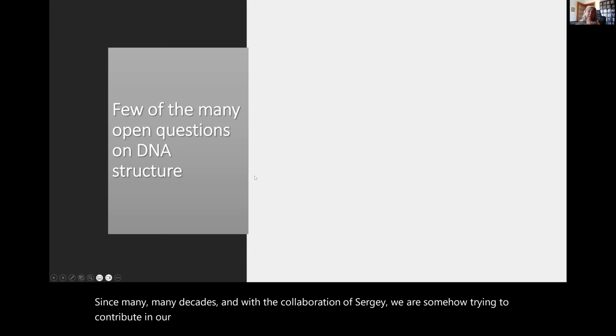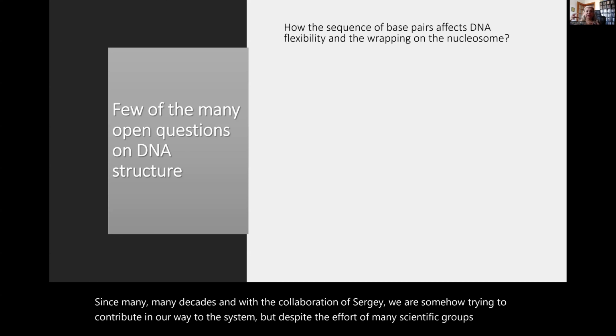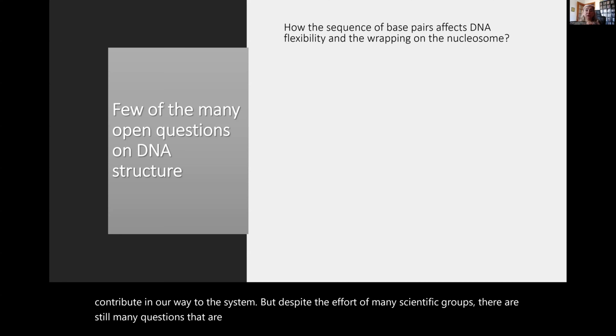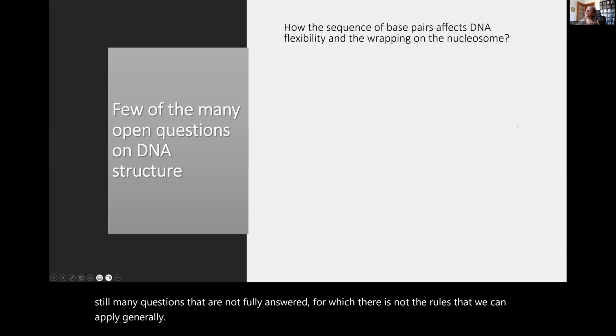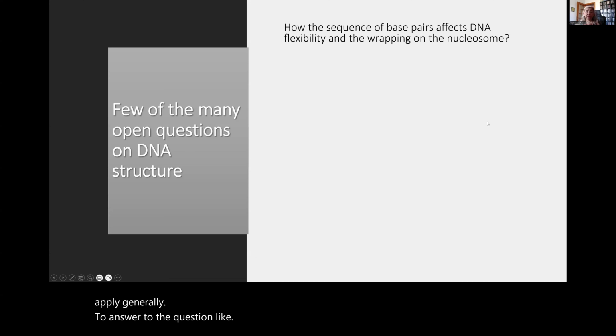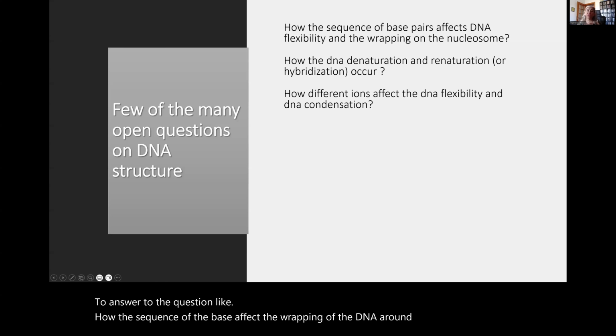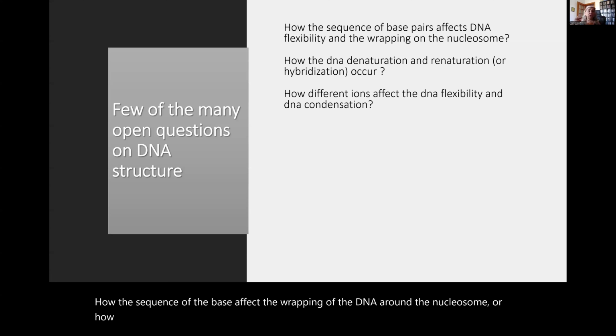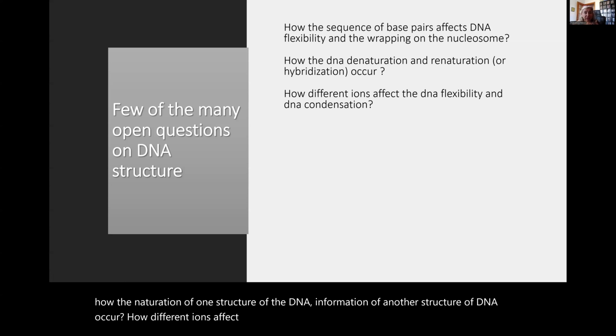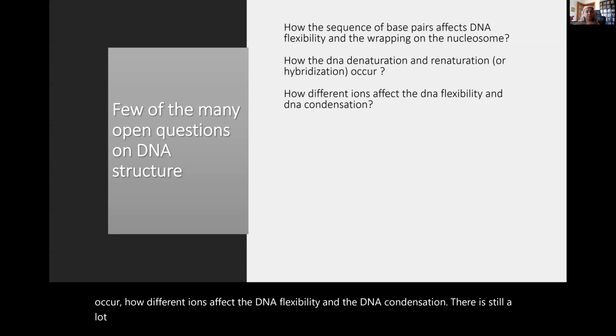But despite the effort of many scientific groups, there are still many questions that are not fully answered, for which there are no rules that we can apply generally to answer the question, like how the sequence of the bases affects the wrapping of the DNA around the nucleosome, or how the denaturation of one structure of the DNA and formation of another structure of DNA occur, or how different ions affect the DNA flexibility and the DNA condensation. There is still a lot of work to do on these phenomena.